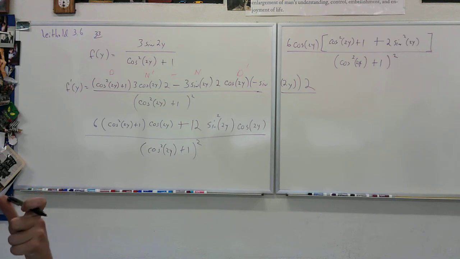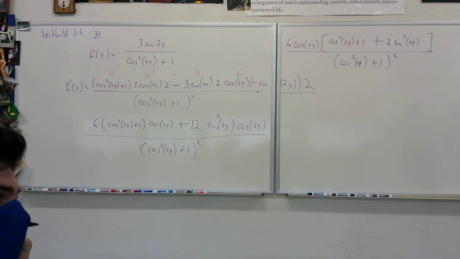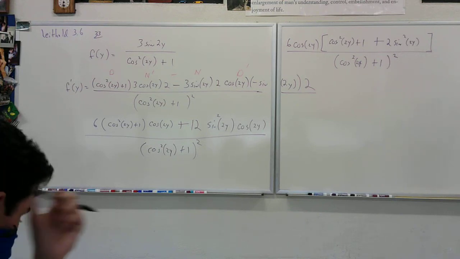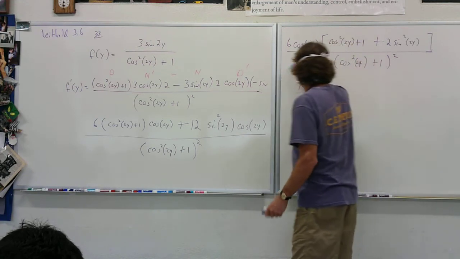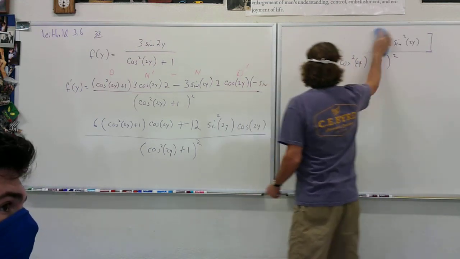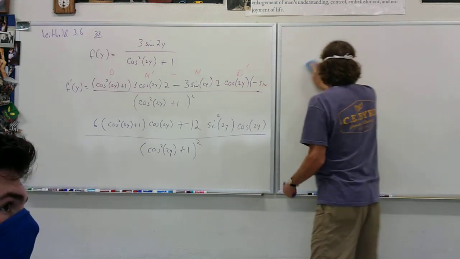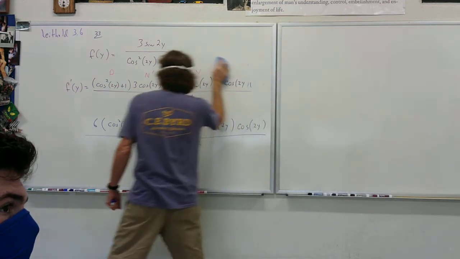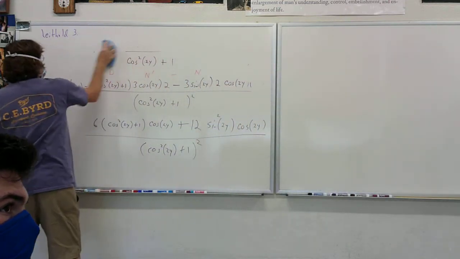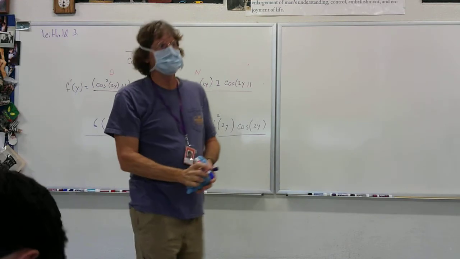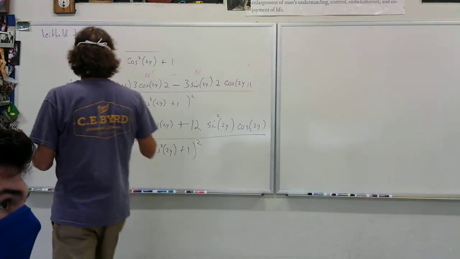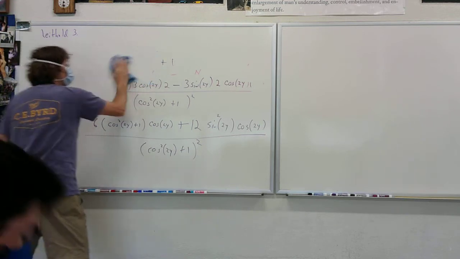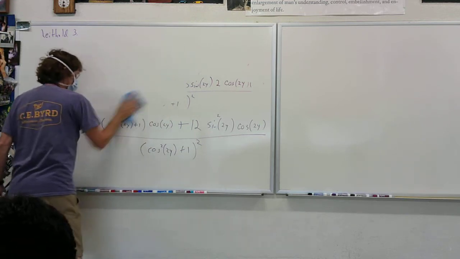I want you to look at 3.7, number 23. Give it a shot. You give it a chance to see what you can do. See what you can do with this.